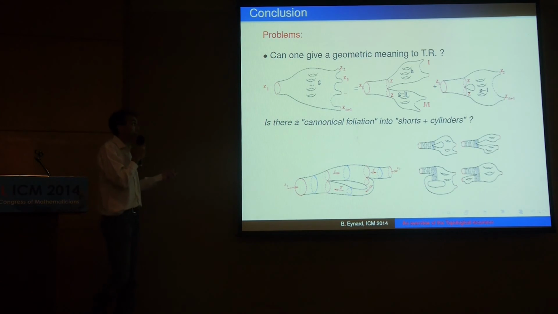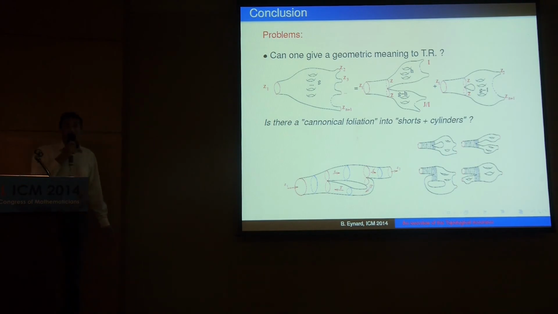So the topological recursion seems to imply that there should be a canonical decomposition of surfaces not into pairs of points, but things which look more like those red pieces. So the red piece here is more what I would call a short. So it's a pair of points but without the legs. So that's what the topological recursion seems to imply, but we don't know.